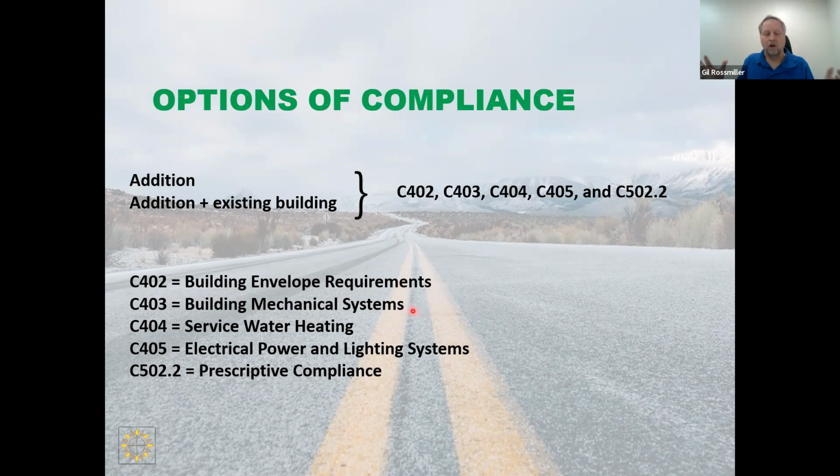Mechanical systems, it's just all the mechanical systems that are new: service water, heating, electrical. And then we get into this section here, 502.2. The verbiage in the codes says the addition, or the addition plus the existing, shall comply with these sections. Okay.